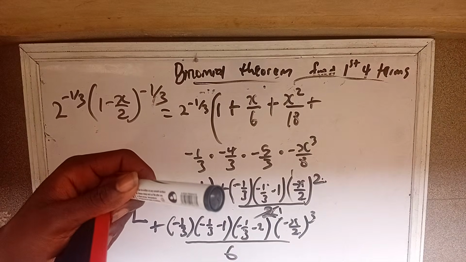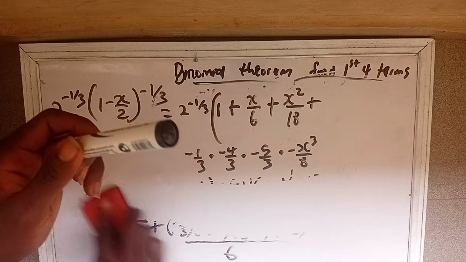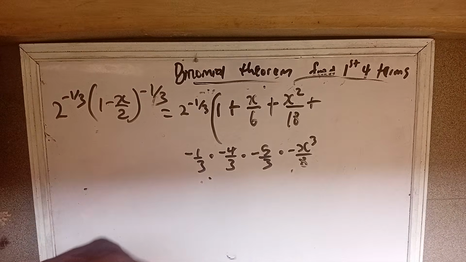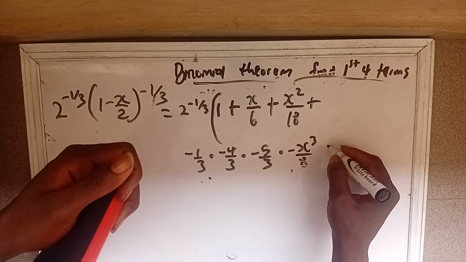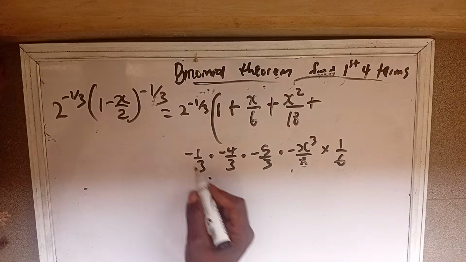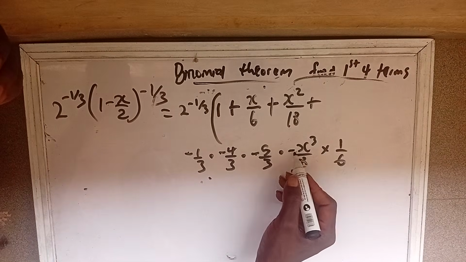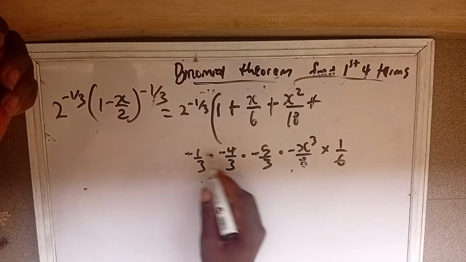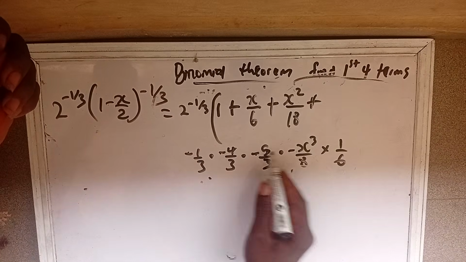Are we together? Everything divided by 6, that's times 1 over 6, right? So minus times minus times minus times minus, so everything becomes plus. 1 times 4 times 5, 20 times x cubed.